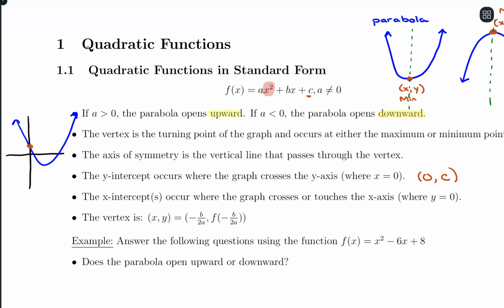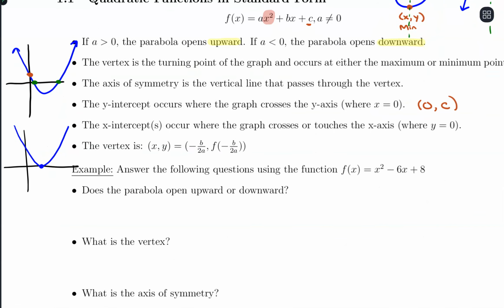The x-intercept, or intercepts, are where we cross the x-axis. And there are some different scenarios for how this can occur. We can have two x-intercepts. We could have one x-intercept, so that would be where our graph goes and just touches the x-axis, so the vertex would be on the x-axis.